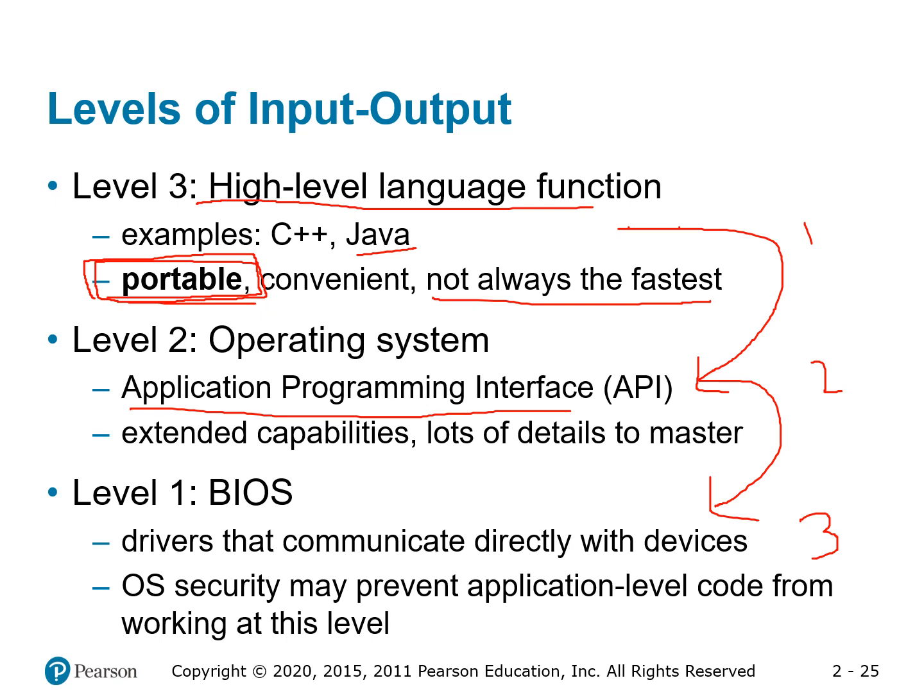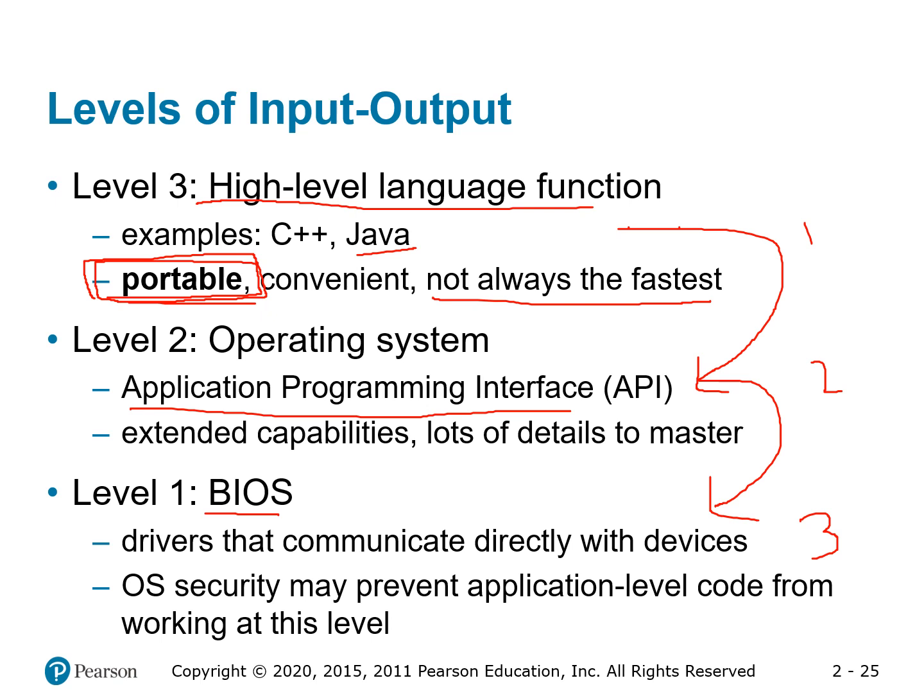And then we have level 1, which is your basic input-output system. BIOS stands for basic input-output system. The basic input-output system is just a collection of very low-level subroutines. Subroutines are like functions, and those subroutines or functions communicate directly with the hardware devices.